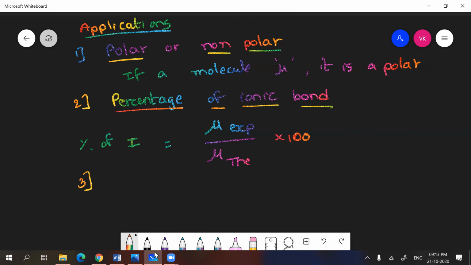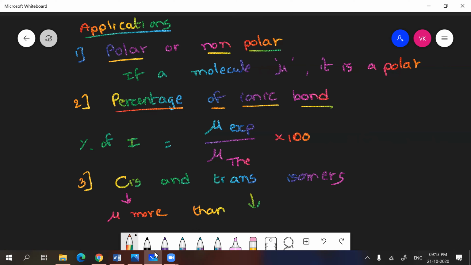And the next thing is, with the help of dipole moment, cis and trans isomers can be identified. If it is a cis isomer, the mu value will be more than that of the trans isomer. The dipole moment value for cis isomers is more than that of trans isomers.